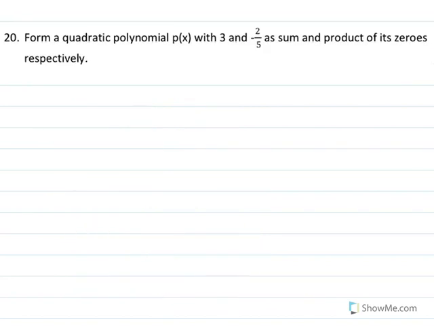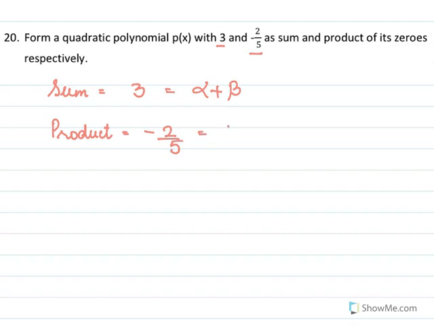Form a quadratic polynomial with 3 and minus 2 by 5 as sum and product. So sum is given as 3, which means alpha plus beta is 3, and product is equal to minus 2 by 5, which is alpha beta. So we have x square minus sum plus product.